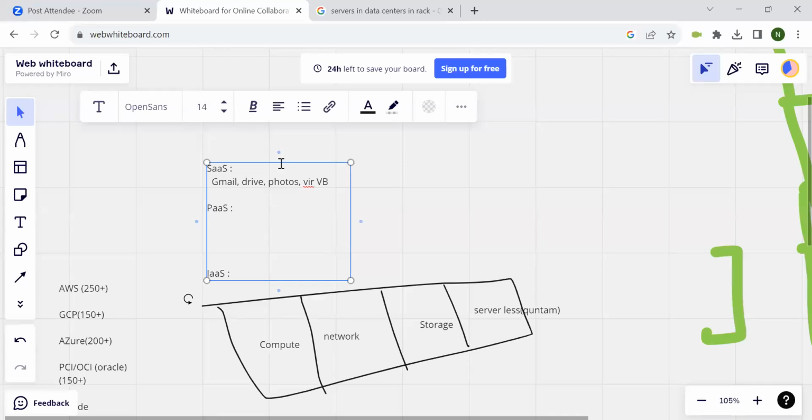That is nothing but a platform. For example, you require a Java-related application. They provide a web server that will deal with your Java application. An example is the Lambda service.